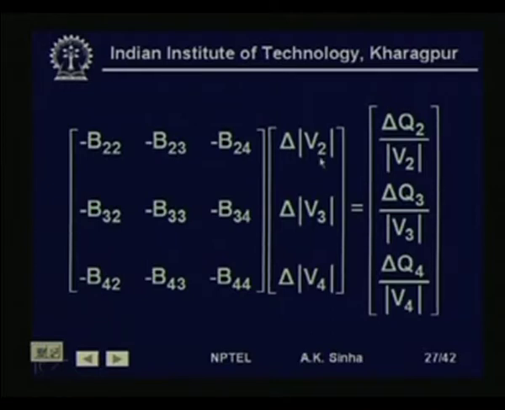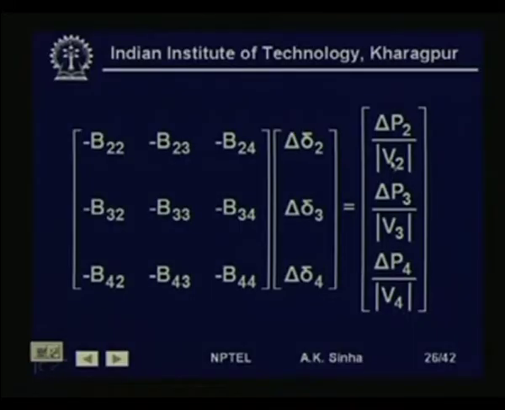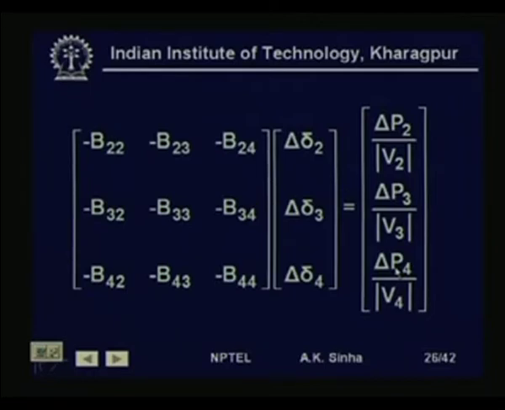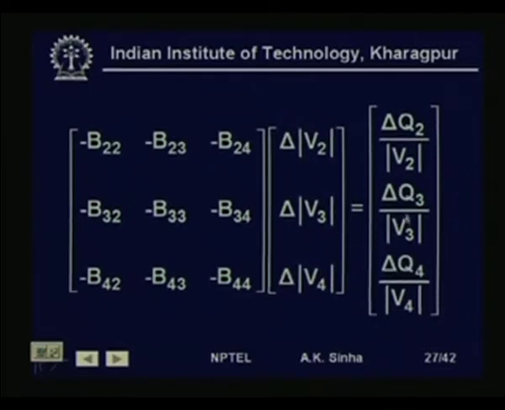Once we get these delta V's, we add them to the previous iteration values of V, and we get the new values of V. Then we go back and again compute these values with the new values of V obtained and solve for delta delta, and this way we keep on repeating the iteration till we find that delta P for all the buses and delta Q for all the buses are within limits.